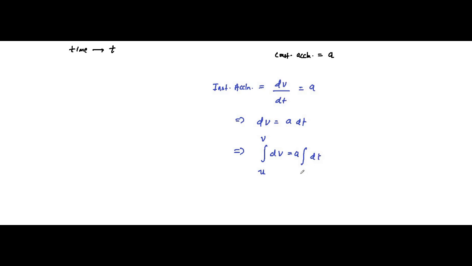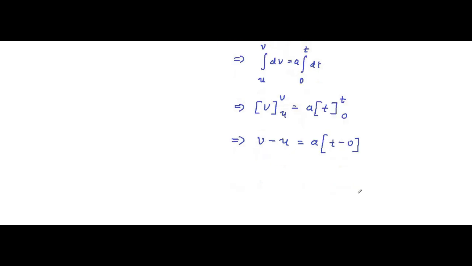And here for time, the initial time is t equals 0, that is simply we will put 0, and the final time is t equals t. So when we perform the integration, it is v, definite integration, upper limit v, lower limit u, and here it is a t, upper limit t, lower limit 0.